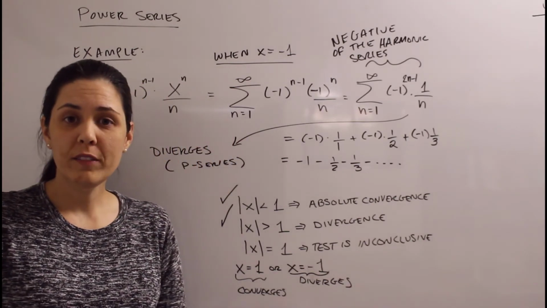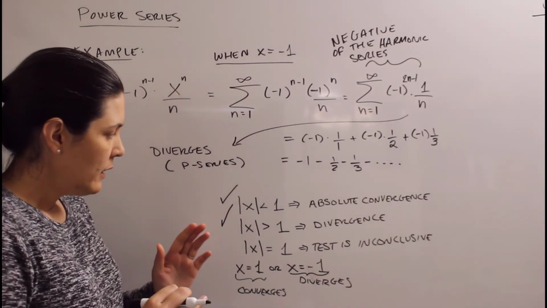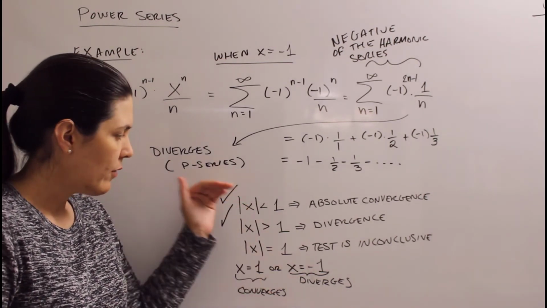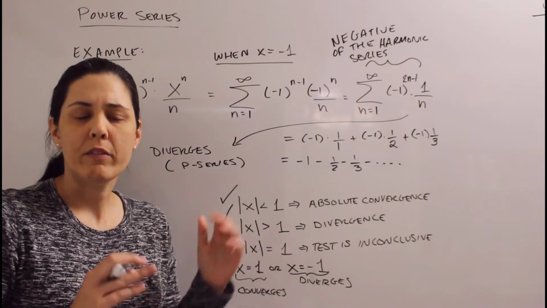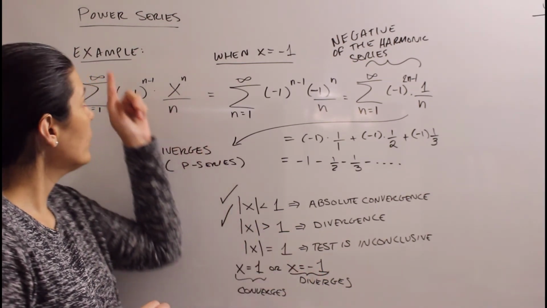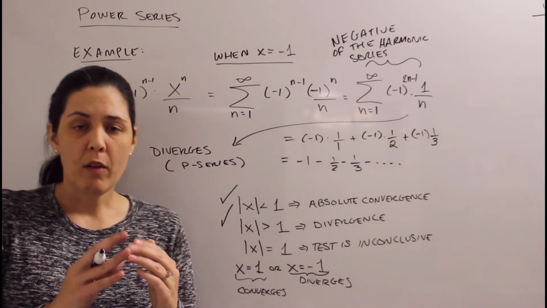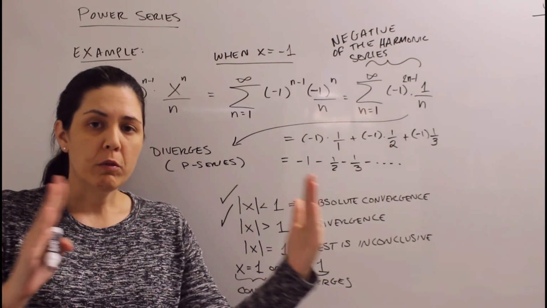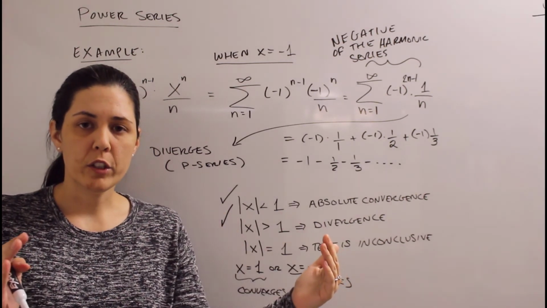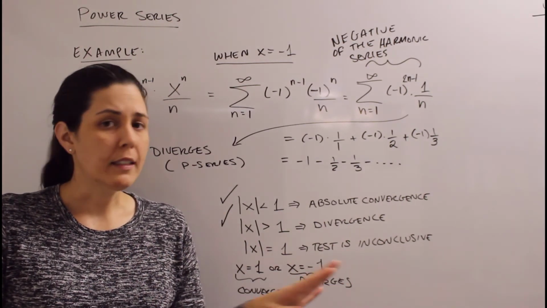So what does all of this mean? It means that for certain x values, our series converges, and for other x values, it diverges. So what's new for power series is that we have what's called an interval of convergence. On some numbers, the series converges, and on other numbers, it does not.